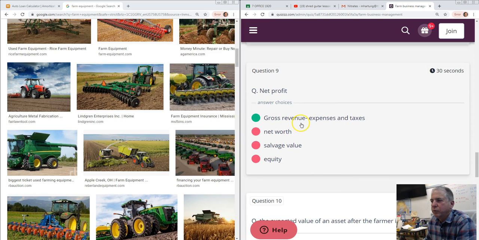Now, net profit occurs after you take out the expenses. So you have gross revenue minus your expenses, and of course you have to pay taxes to the government on that income. So you subtract that all out and you have something called net profit. You're going to find this out when you go and start working somewhere. You'll be making money, you'll get a paycheck, but then you'll find that there are deductions. Things are subtracted from your paycheck, such as Social Security tax, Medicare tax.